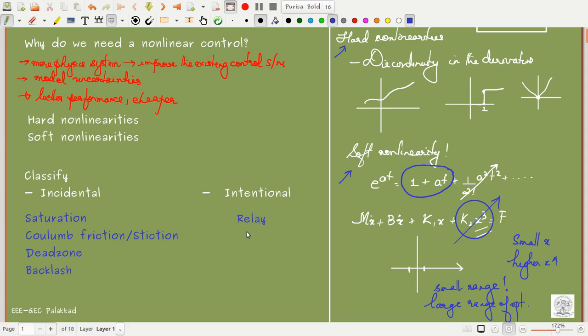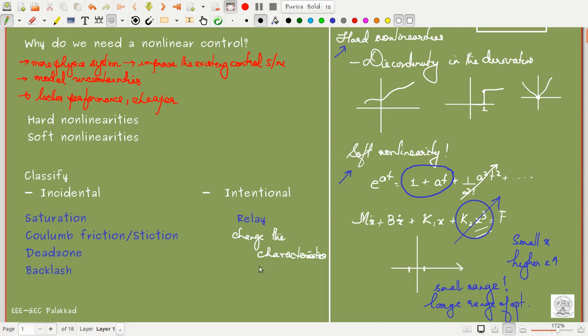Whereas in the case of a relay, we introduce a relay to the system so as to change the characteristics of the system. That is why I introduce a relay here.